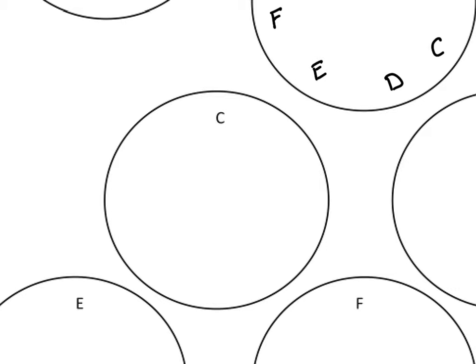What comes before C in the musical alphabet is going to be B, and before B is going to be A, before A is going to be G, before G is going to be F, before F is going to be E, and before E is going to be D. And so we would have dropped in pitch if we had started on C and gone counterclockwise in the musical alphabet.